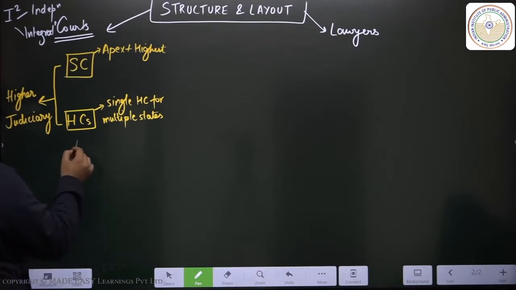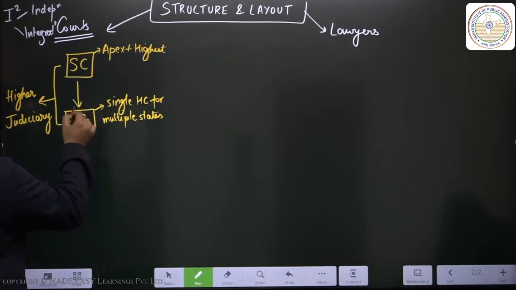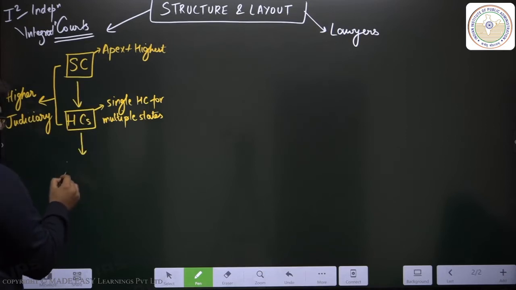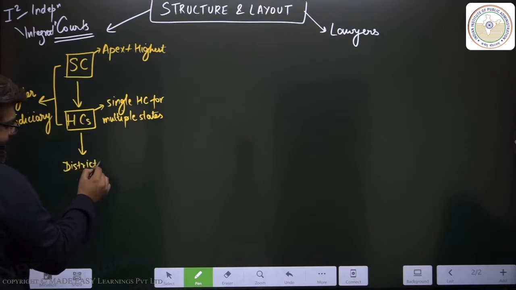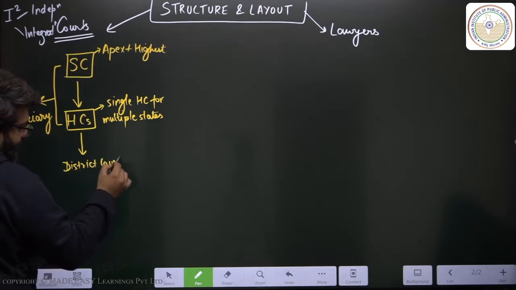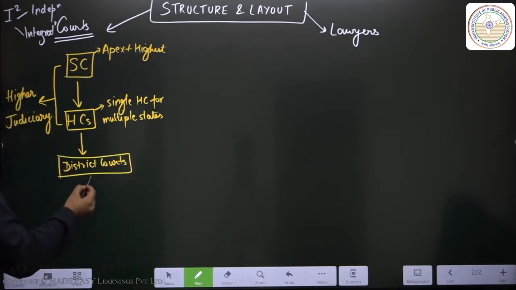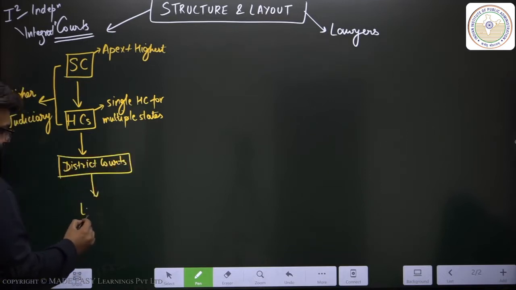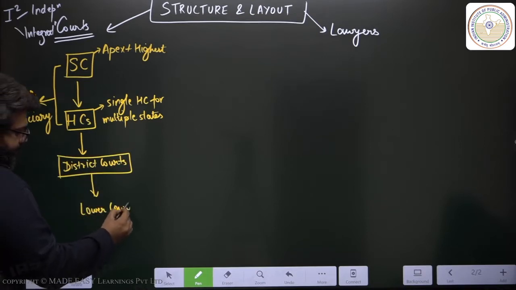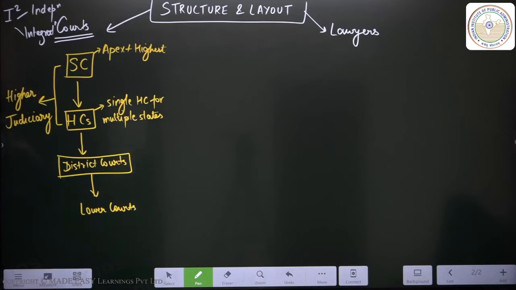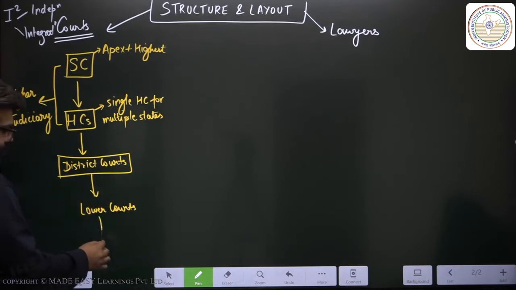Now, below the high courts are district courts. Then below district courts are lower courts, such as civil courts and criminal courts at the district level or below the district level.